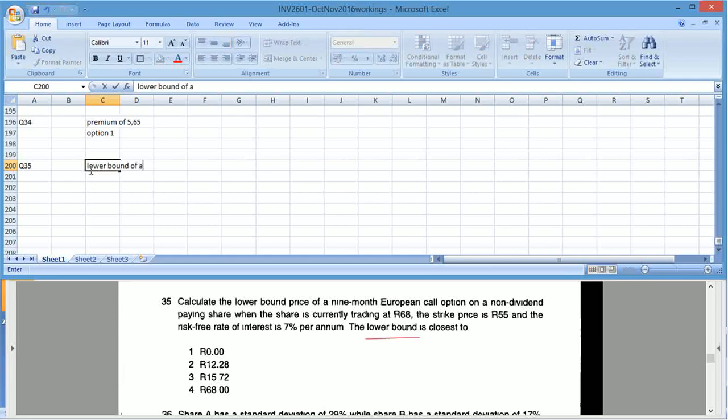Lower bound of a European call. Okay, so let's find that in the textbook. Let's see, European calls, call options, page 240.